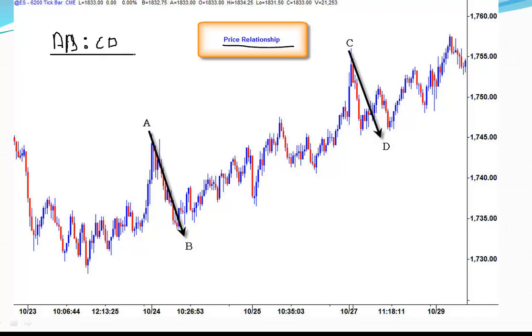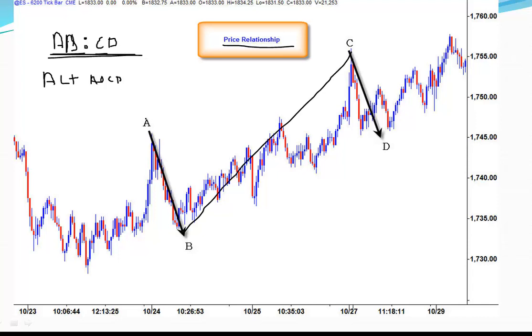Now, on the website, there's a video I did called Commonalities under the training section. There's other complex stuff you can do with this, but in its basic form of A to B equals C to D, I want to show you what it looks like. And this is what we call an alt A to B, C to D. All right.